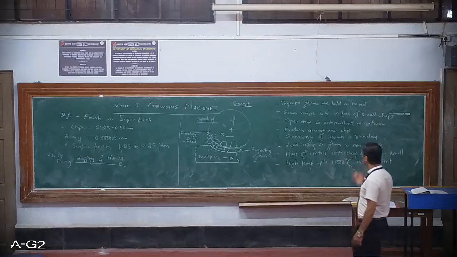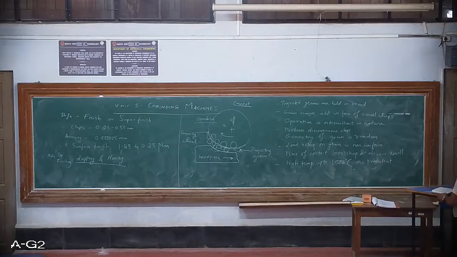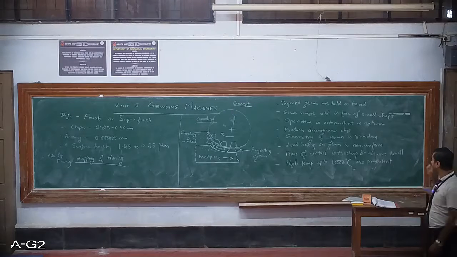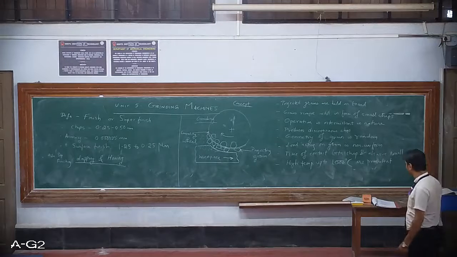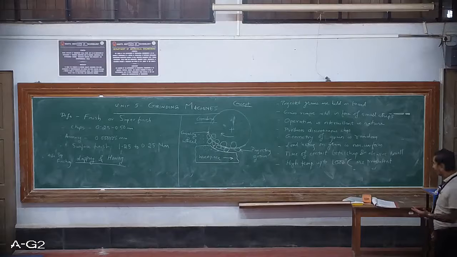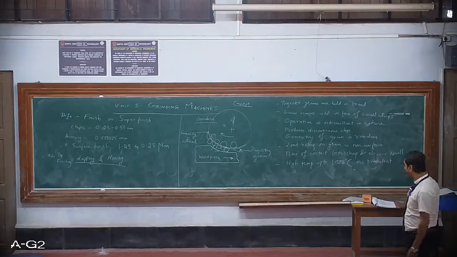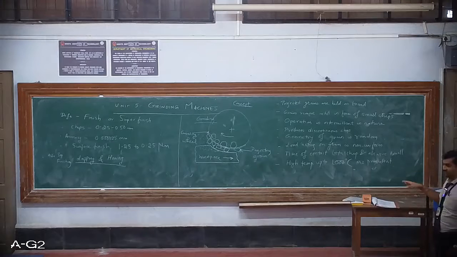But we can observe here the salient points: the projected grains are held on board, the grains remove the material in the form of small chips, the operation is intermittent in nature, this grinding operation produces discontinuous chips, and the geometry of the grain is random. You cannot predict the exact shape of each abrasive particle because thousands of abrasive particles are there all along its surface, right?